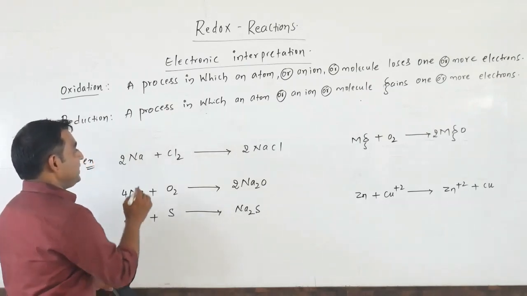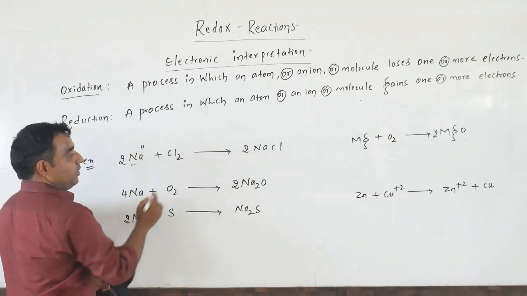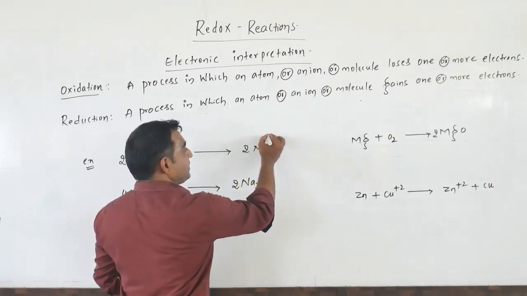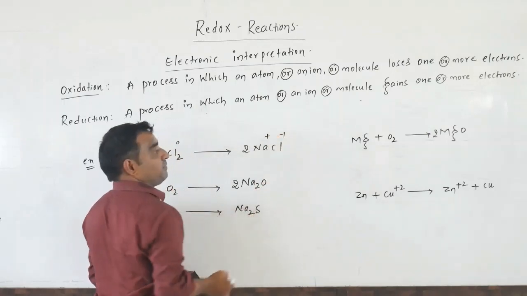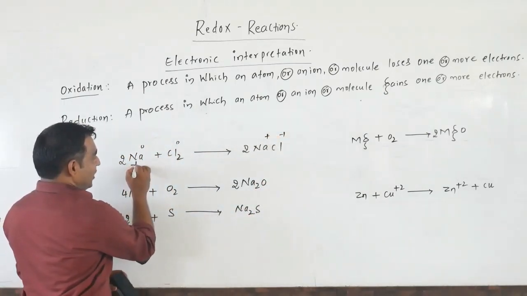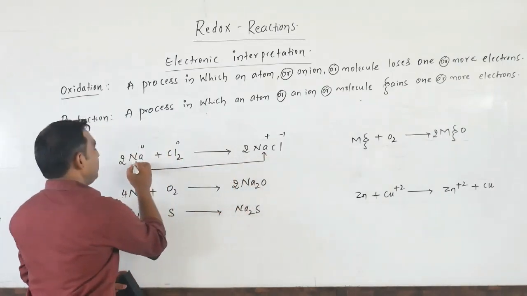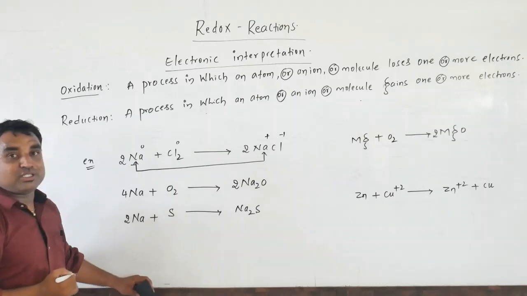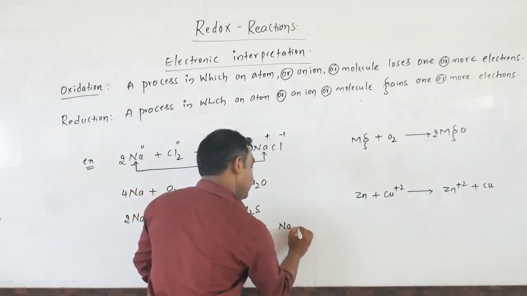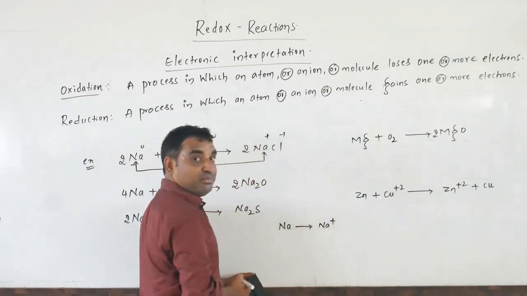So now we take sodium. Its elementary oxidation state is 0, and here it is plus 1 or minus 1. So now sodium loses an electron. If it loses 1 electron, it becomes sodium plus.